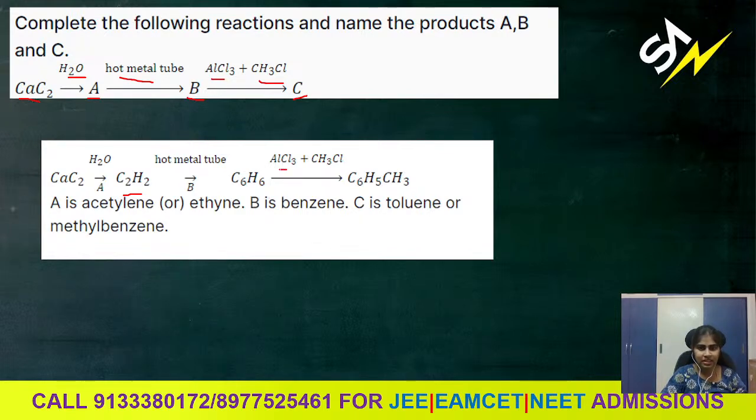When this benzene reacts with CH3Cl in the presence of AlCl3, that is Friedel-Crafts alkylation, we get the alkylated product, C6H5CH3. So you can expect these types of reaction questions also. This is a very easy question. If you practice well, you can answer it clearly.